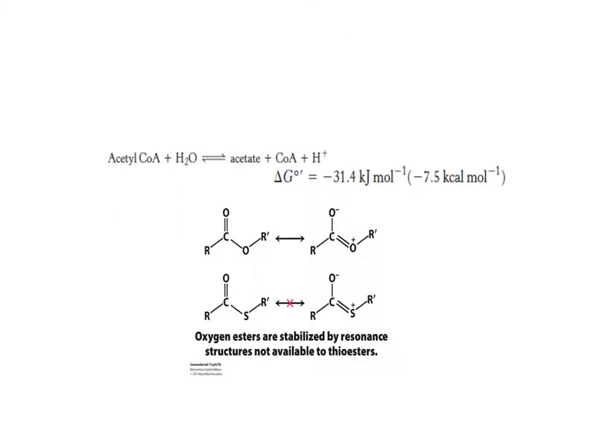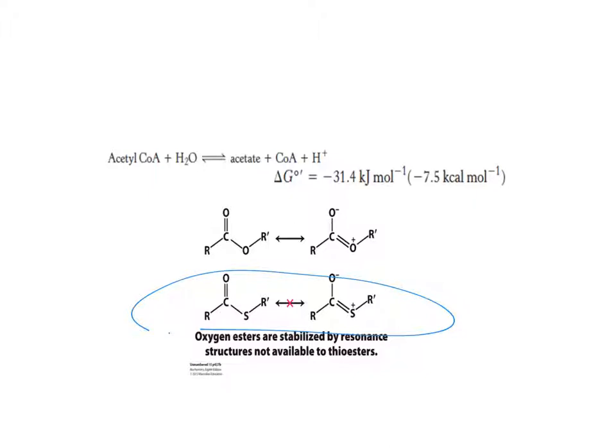So this is just looking at the energy that's associated with this process and illustrating the difference in stability related to using oxygen esters versus thioesters. So when we're looking at acetyl-CoA, it is a thioester. That's what we're looking at. And the reason that we are going to use thioesters is partially based on how the resonance structures are going to stabilize these things.